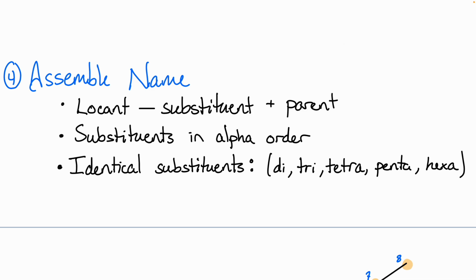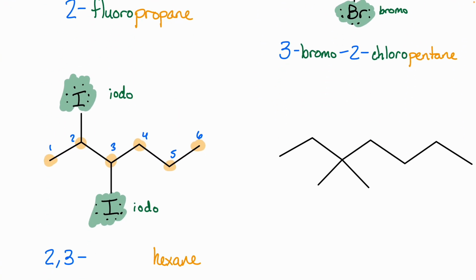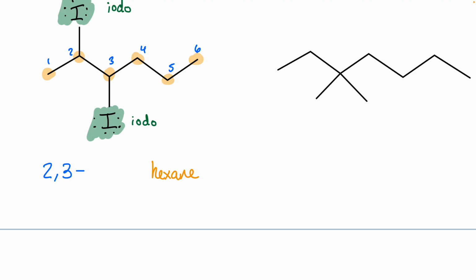All right, so just note when it was number of carbons, it was pent. If it's number of substituents, it's penta. We retain the A on the end. All right, in this case, we have 2 of them, so we would refer to this as a diiodohexane. Okay, again, I put the locant of both of them, so 2,3-diiodohexane.